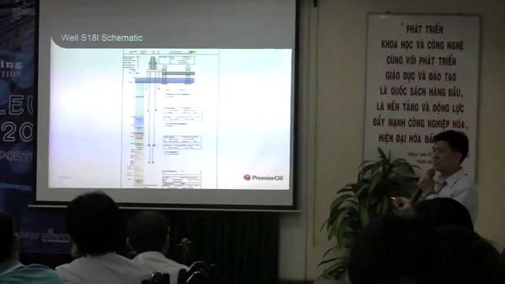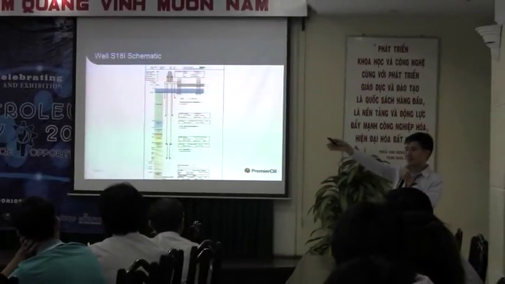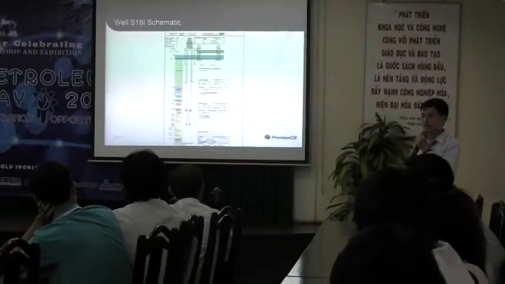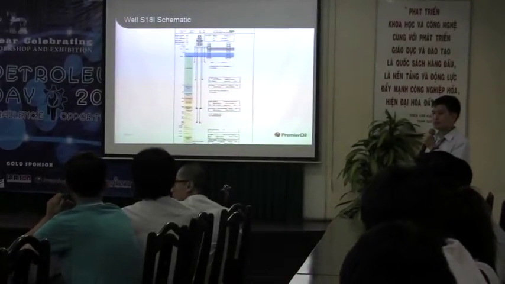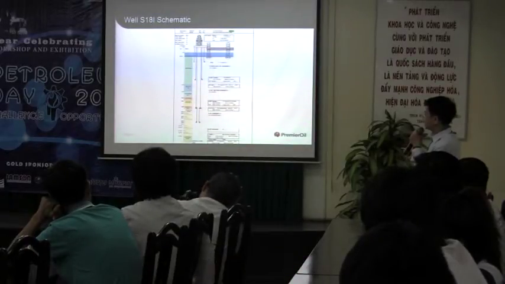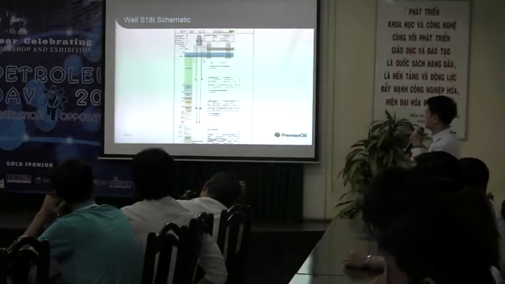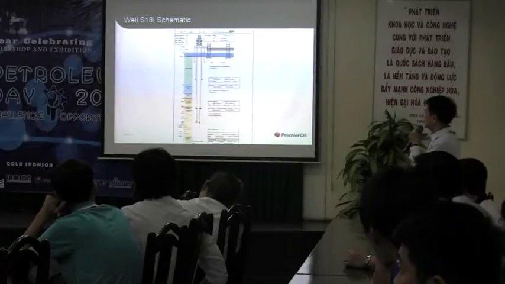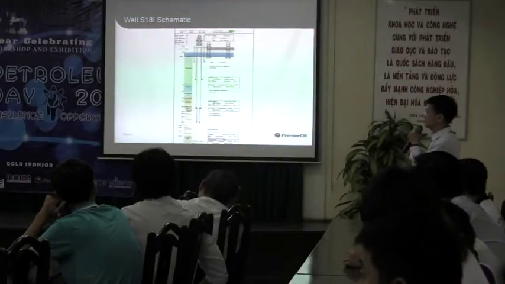That's why we use the PDC bit, which represents the front of the facility here. That one is a 16-inch PDC bit. And then we set the 13-inch casing here, before we enter into the next formations.